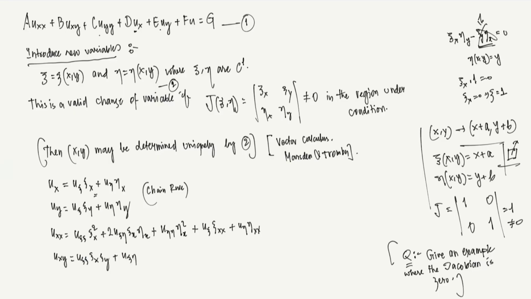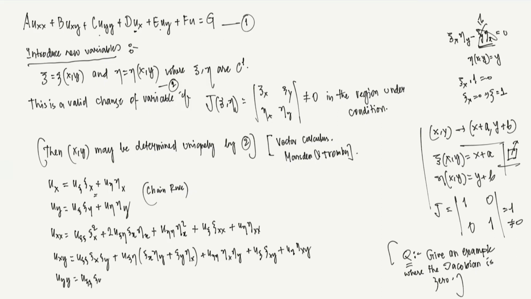U of xi eta, xi x eta y plus xi y eta x, plus u eta eta eta x eta y plus u xi xi xy plus u eta eta xy. It looks very big, I know, but let me just do everything, and we'll see how it makes our life much easier. Doesn't look easier now.